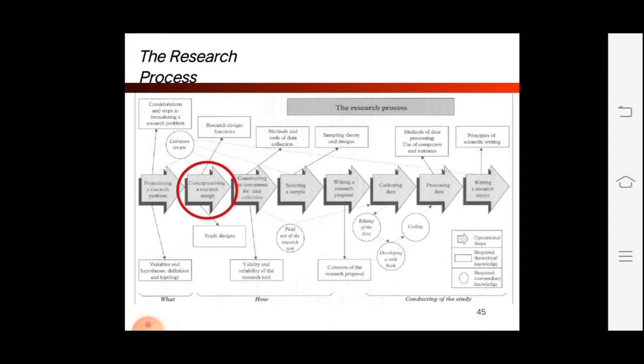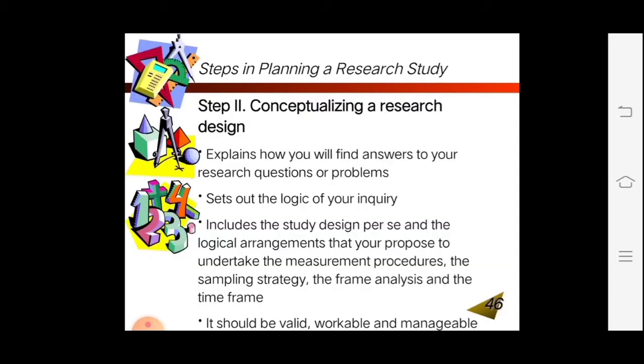One is reviewing the literature, which is one of the essential preliminary tasks to undertake when doing research, and the other is formulating the research problem, considered the first and the most important step of the research process.